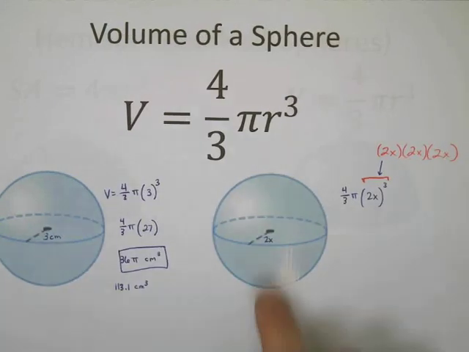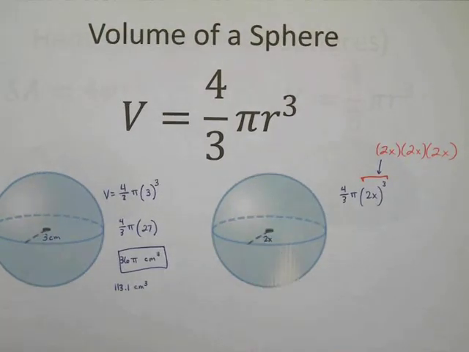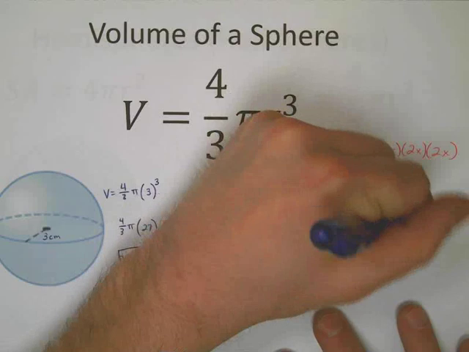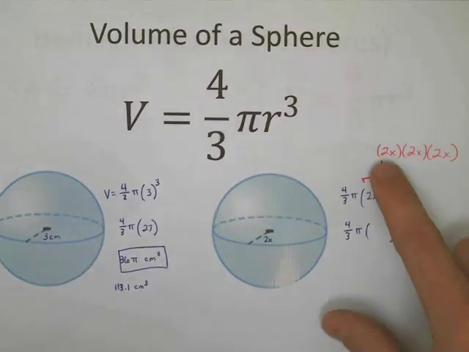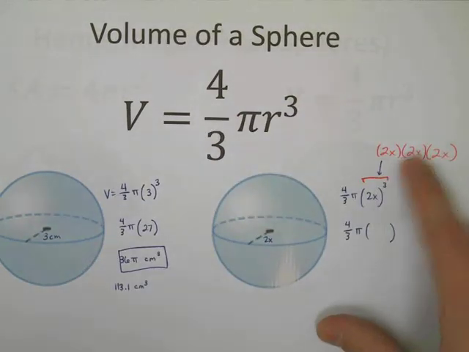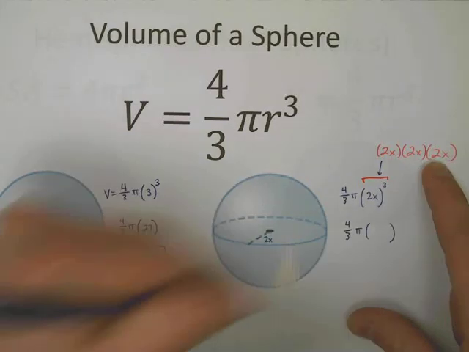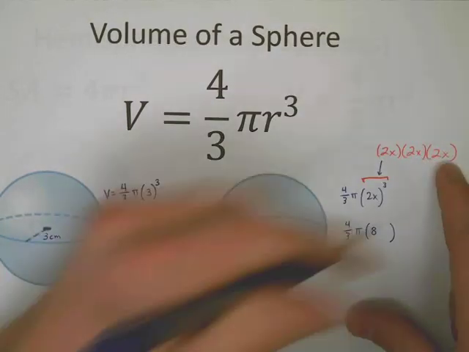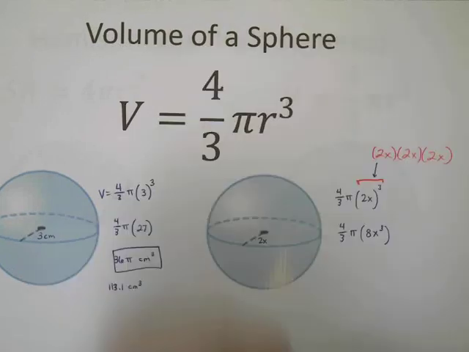That's what it means to have the 2x being cubed. The 2 and the x are both part of the radius. So I combine numbers-wise. I have 4/3 pi. I'm going to leave that out, okay? But the 2x cubed turns into 2 times 2, which is 4, times another 2, which is 8. And then I have x times x times x, which is x cubed.